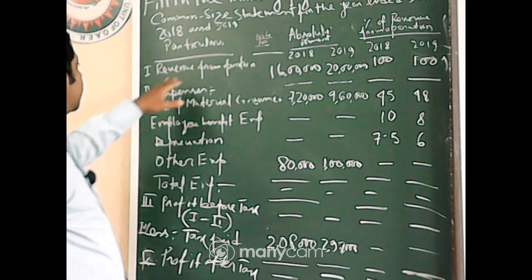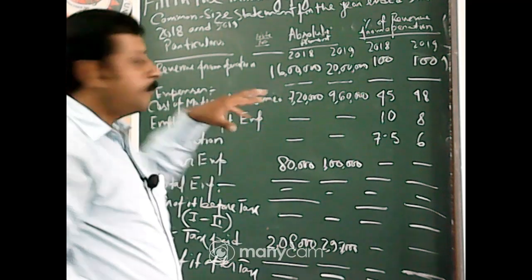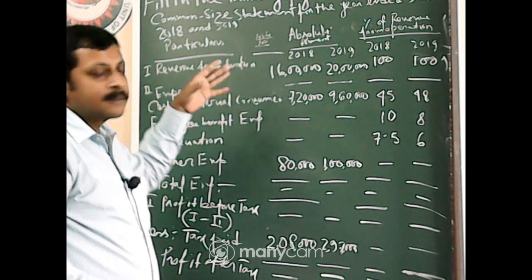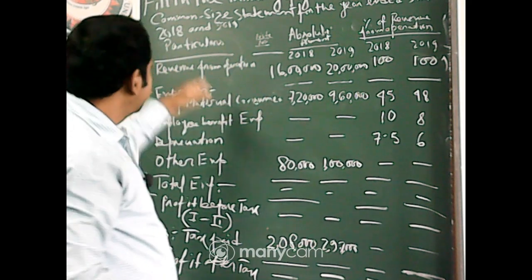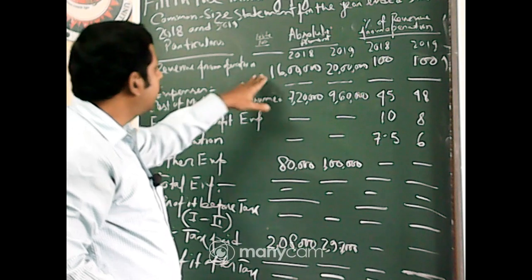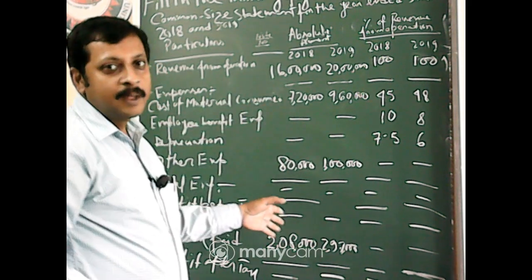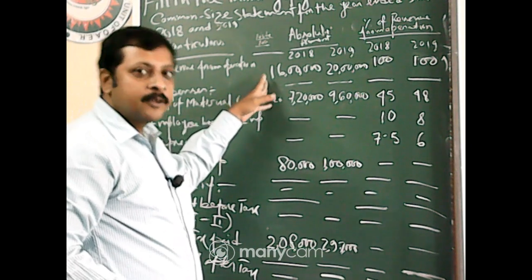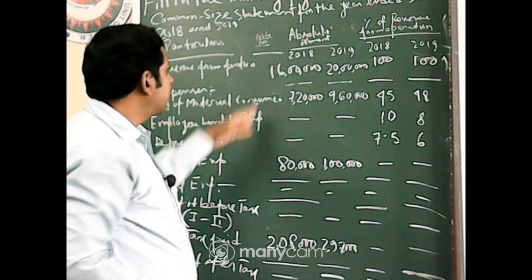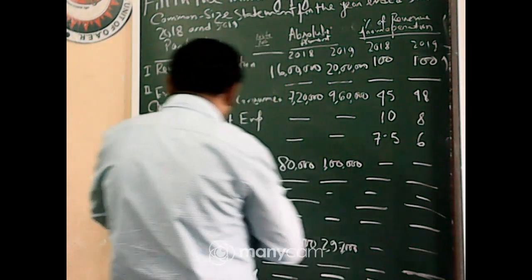So this is the main thing in this example. Whenever you reveal the revenue from operation, then all things will come based on the revenue from operation.